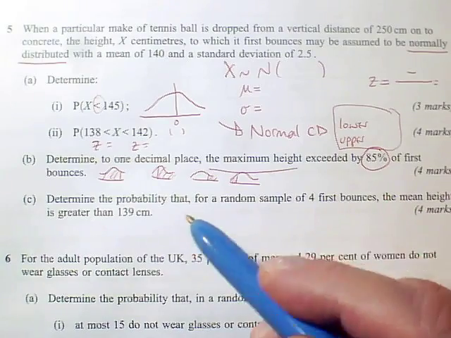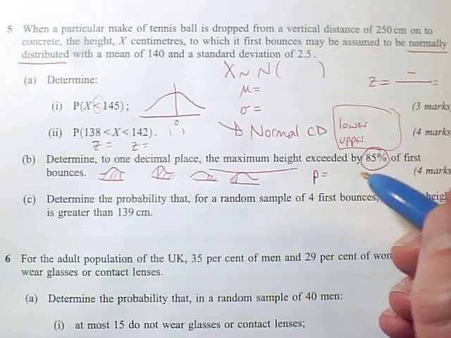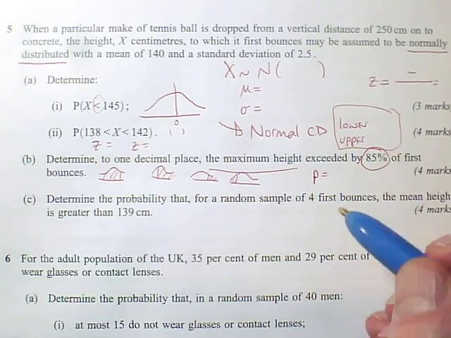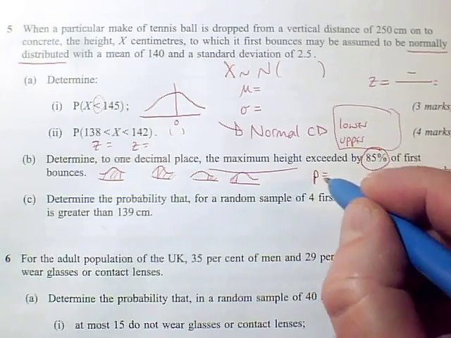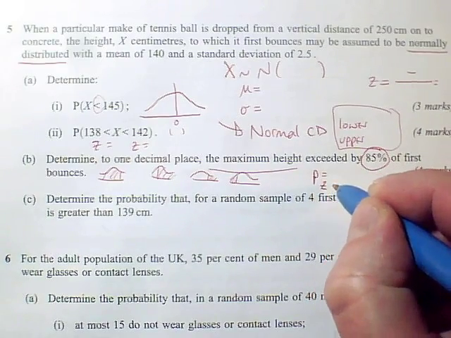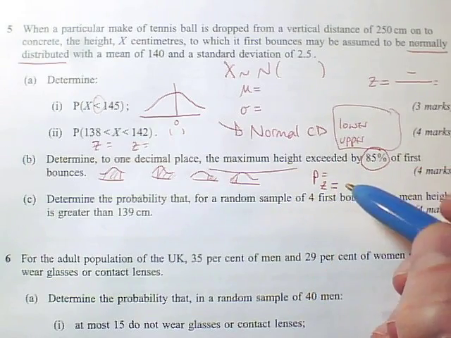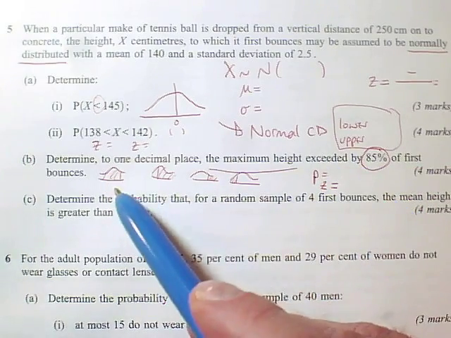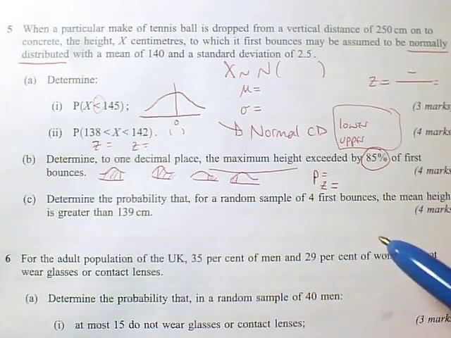Once you've got that, then you work with a probability, which might be the 85% or it might be the other side, because your calculator likes the probability to be to the left. So having got the p-value, you could then use your calculator on normal inverse to get a z value. Okay. Now, depending on which side your line is, you might be expecting a positive or a negative z value.